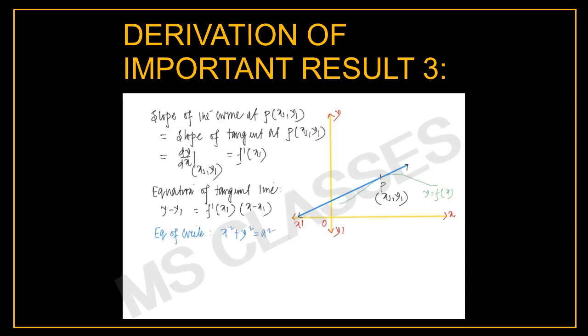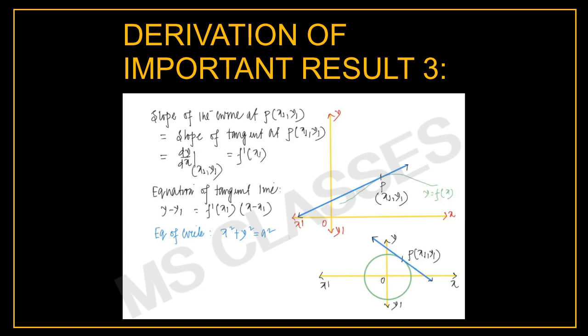For this circle, we want to know the equation of the tangent drawn at the point (x1, y1). If we take this circle and try to find the tangent at this point (x1, y1), this point where the tangent is drawn has a particular name, which is called the point of contact. Now this is the tangent line whose equation we have to find.